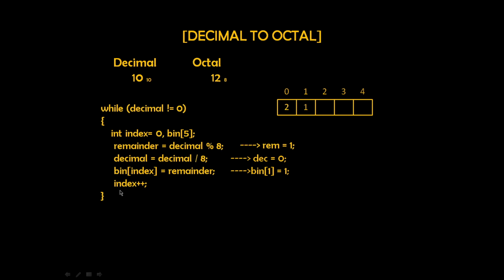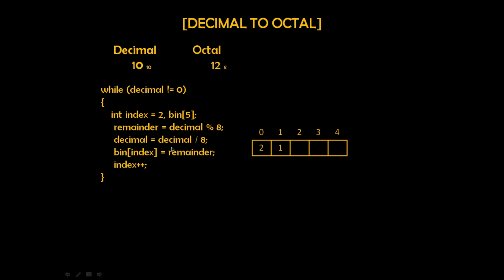We increment the value of our index, meaning our index is 1, plus 1, that will be 2. So take note here, we have decimal equal to 0, we'll attempt to loop. As you can see, our decimal is 0 and it will become false. So overall, we have this data. We have 2 and 1 in our array.